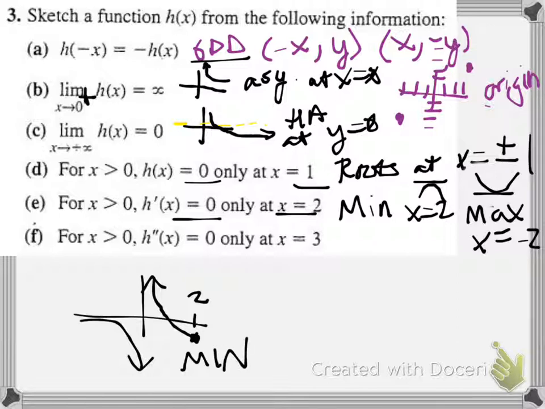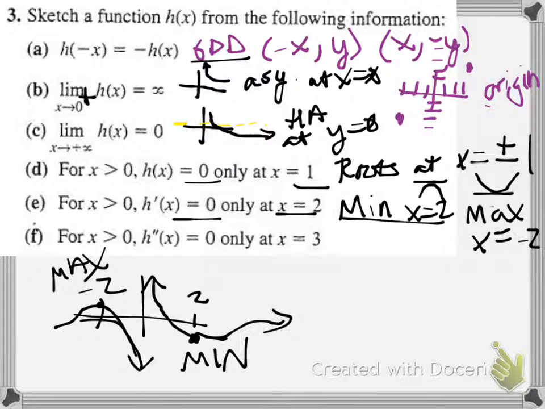It's because I'm coming down from approaching positive infinity, and I also have a horizontal asymptote. This point must be a minimum, and if this were its reflection, then at -2, that point right there should be a maximum. That's where I'm getting that I have a min or a max at +2 and at -2.